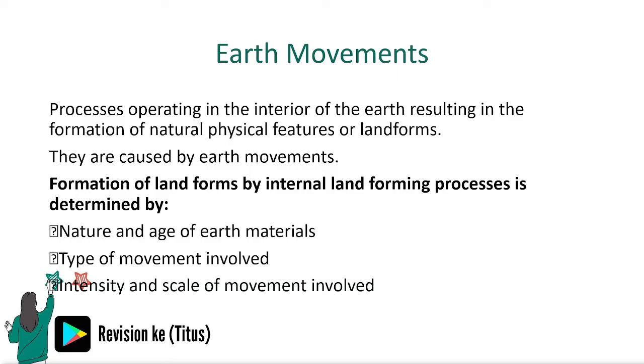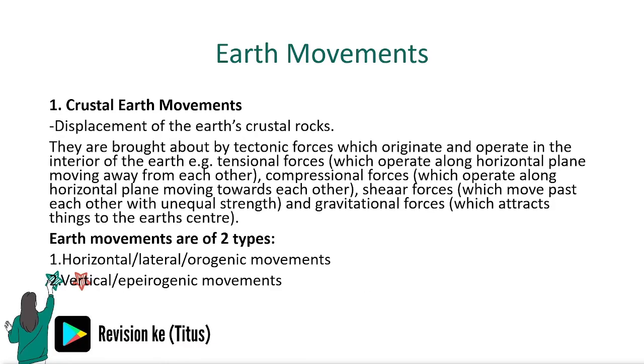So we are going to look at the forms of earth movement. We have the crustal earth movements. This is the displacement of the earth's crustal rocks. They are brought about by tectonic forces which originate and operate in the interior of the earth.